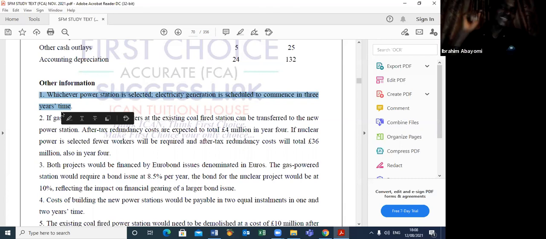Please, what date do you think my 3 years' time will be? From January 2021, my business wants to commence in 3 years' time. What should be the starting date for that 3 years' time?